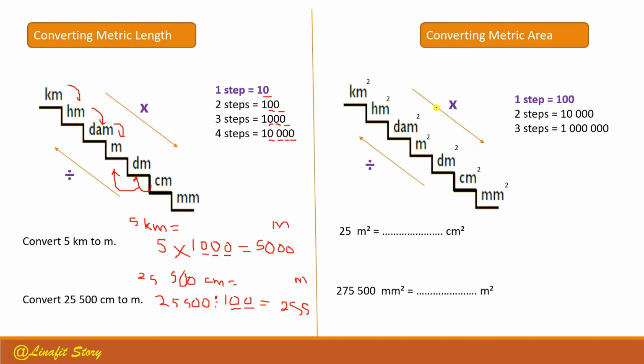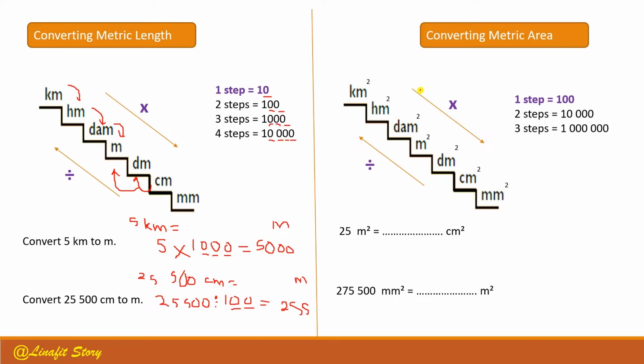The next, converting metric area. Area consists of square units, so we need to square all our lengths. So this is square km, square hm, square dam, square m, square dm, square cm, and square mm.